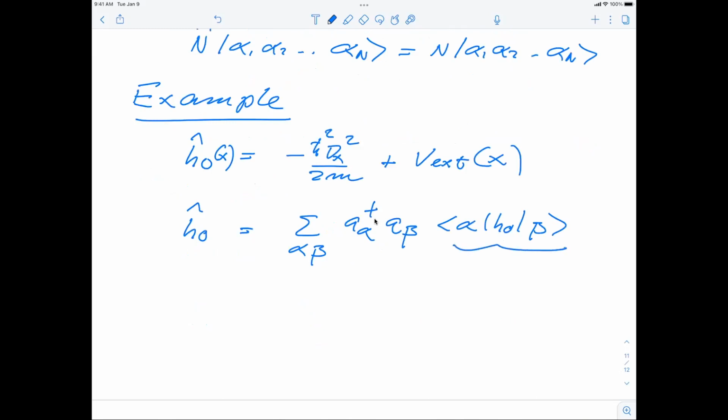We have not assumed that this is a diagonal basis in H0. So this matrix element is the same as an integral dx of phi alpha complex conjugate of x, H0 multiplied with phi beta of x. So that's the compact notation. And normally we choose a basis which is diagonal in this H0, but this would be the general definition.